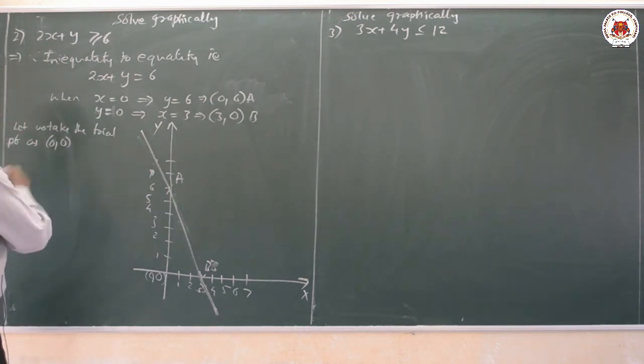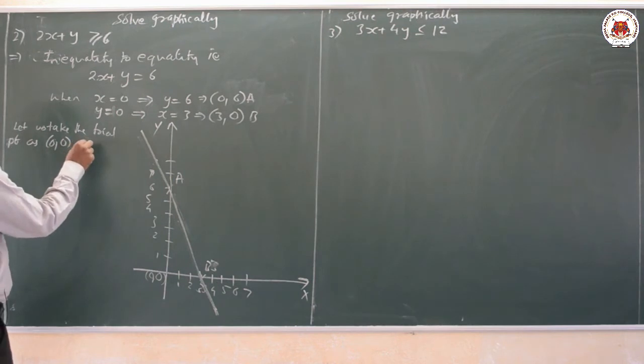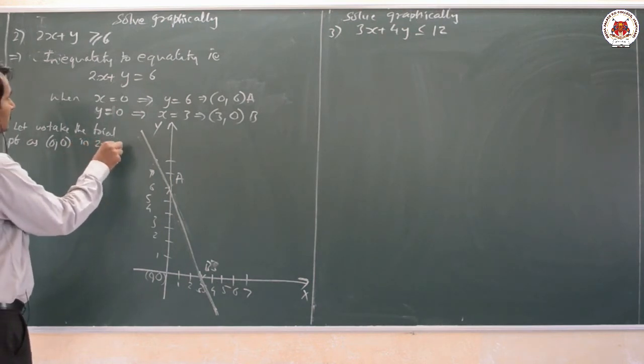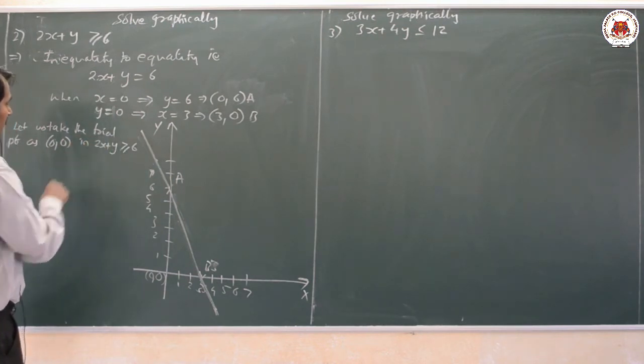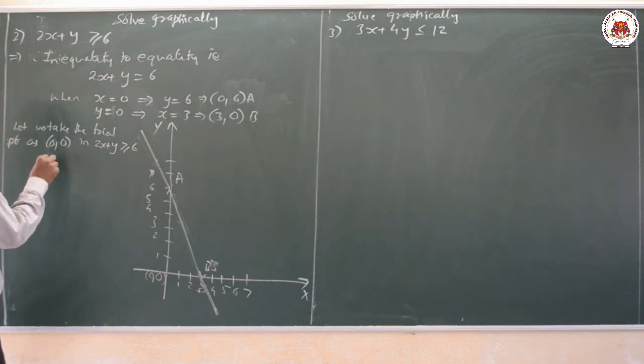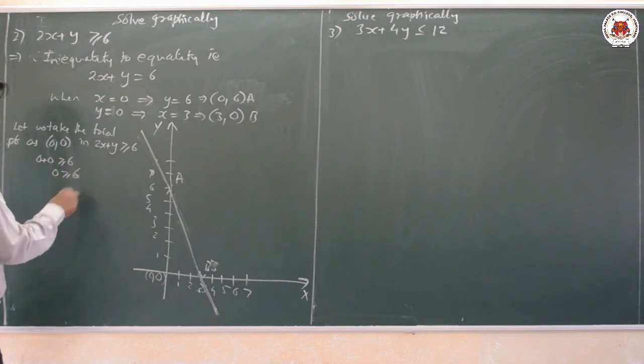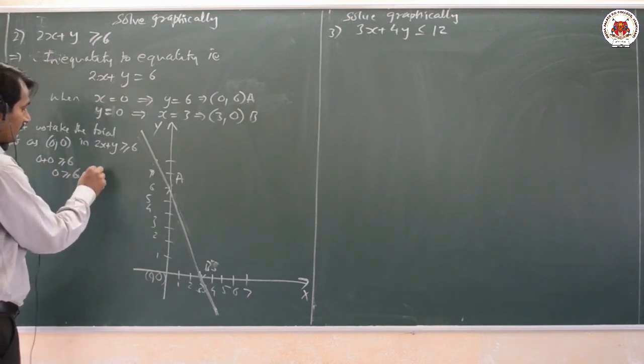Now what we have at 0, 0 in 2x plus y greater than or equal to 6. If we substitute, that is 0 plus 0 greater than or equal to 6, that implies 0 is greater than or equal to 6. That is not true.